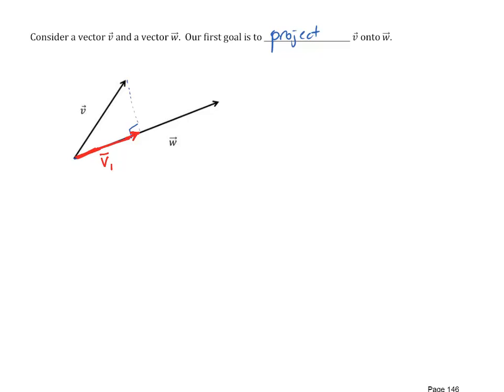Secondly, we can then think of v as the sum of two components.